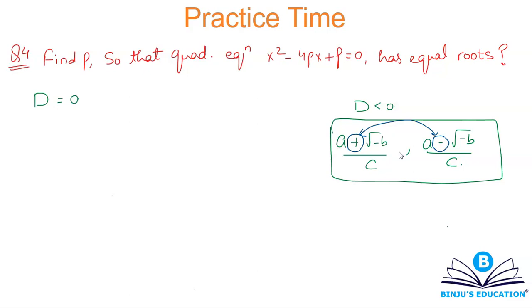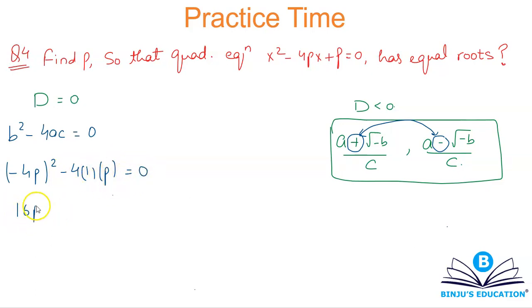So if you want equal roots, you want your discriminant to be 0. So you want b square minus 4ac to be 0. So you want minus 4p square minus 4 into 1 into p is equal to 0.